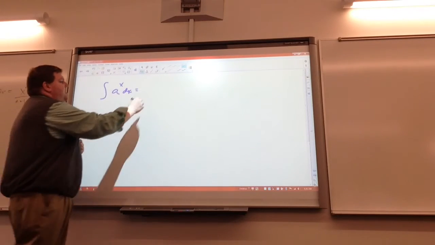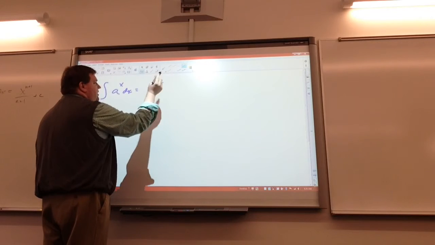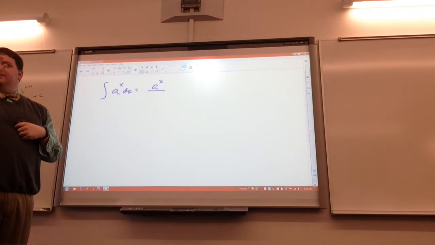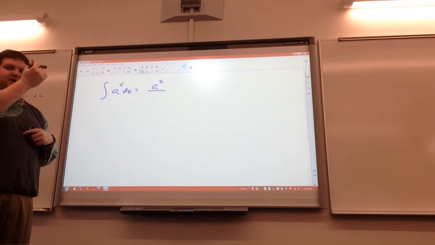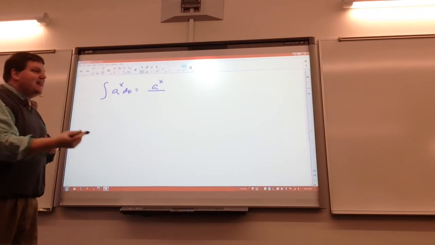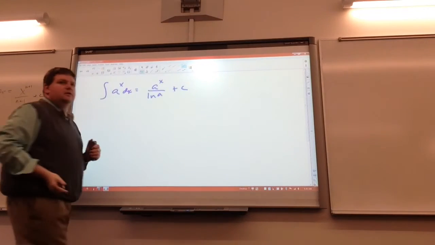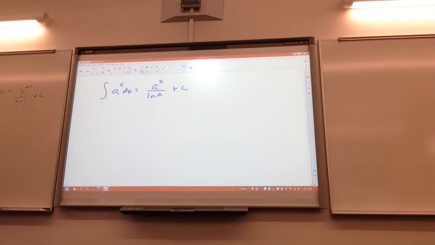Okay, so this would come out a to the x, but this time because we're doing an integral, instead of multiplying it, we're going to divide it. Well, remember the antiderivative is the opposite of the derivative.